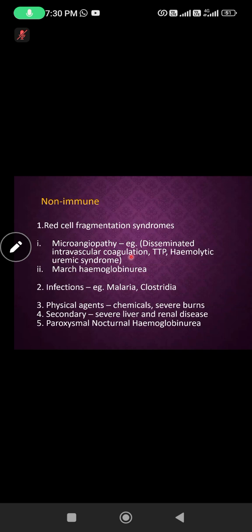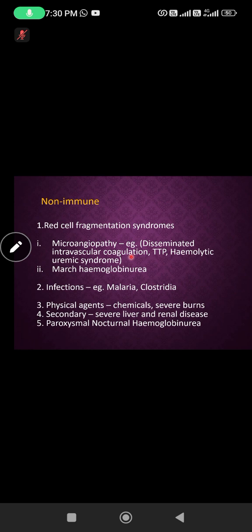It's a condition characterized by formation of many small blood clots inside the circulation, especially in the microcirculation, in your arterioles, venules, and capillaries. There will be formation of numerous blood clots because of a pathological condition.